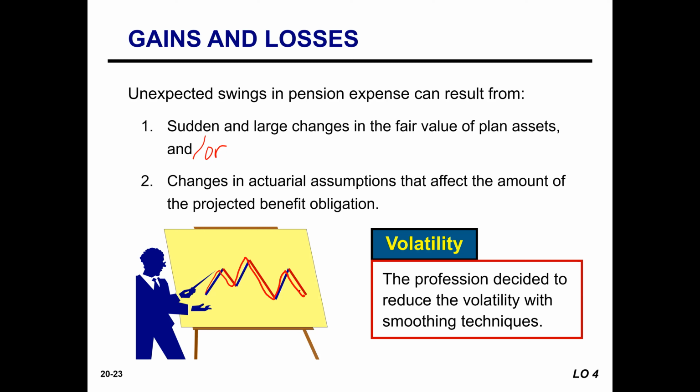Different changes like that, the actuarial assumptions. And so what FASB has done to reduce these unexpected swings, just like it shows here, is that the profession decided to reduce the volatility with smoothing techniques.